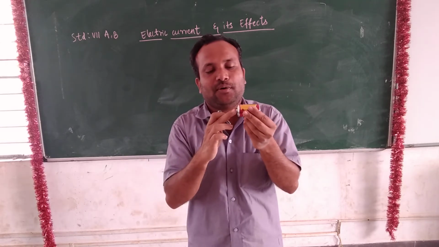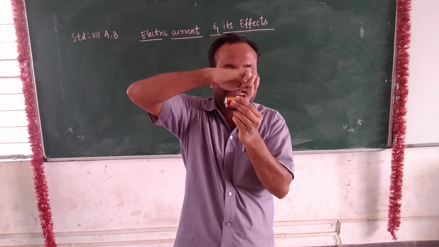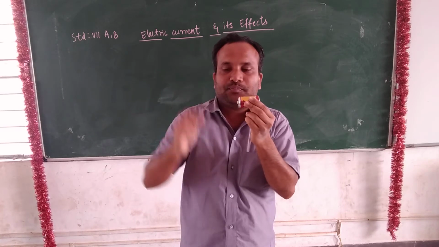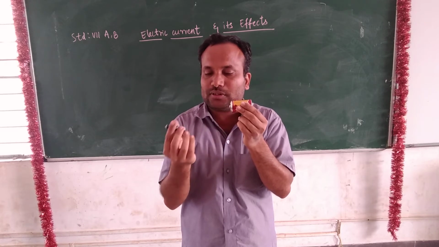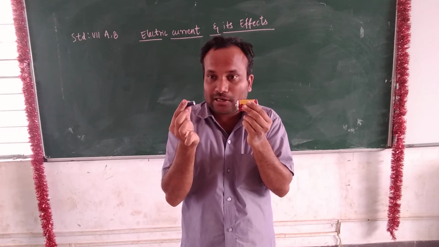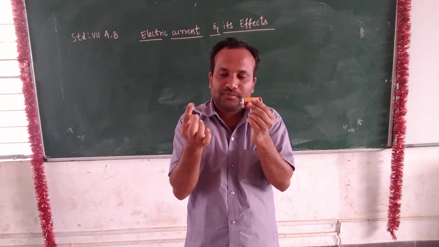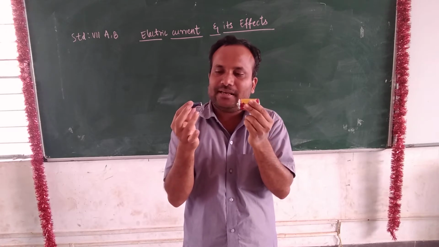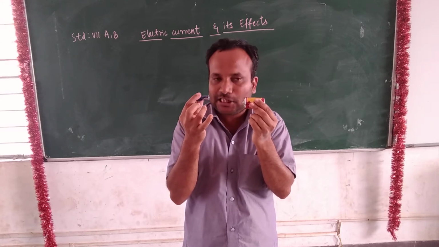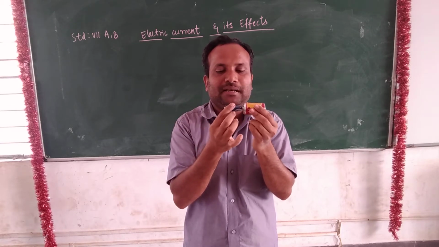So here, children, we have a positive terminal. This end is called the negative terminal. So the positive terminal is always connected to the negative terminal of the one more cell. So here we have a positive terminal. For this cell, I have a flat surface, which is the negative terminal. So positive terminal is connected to the negative terminal.